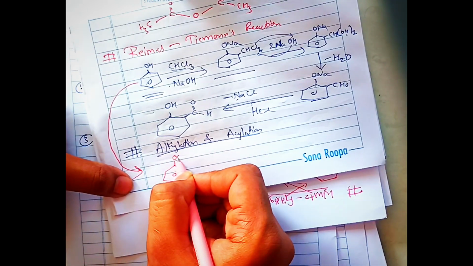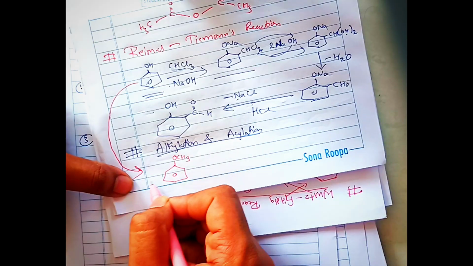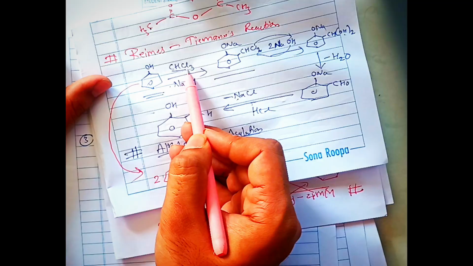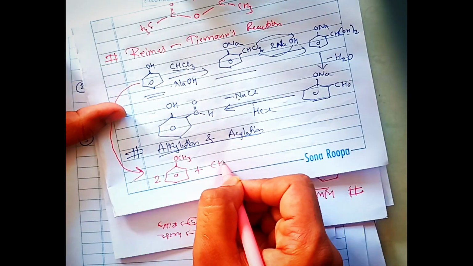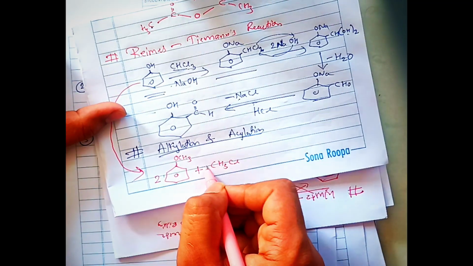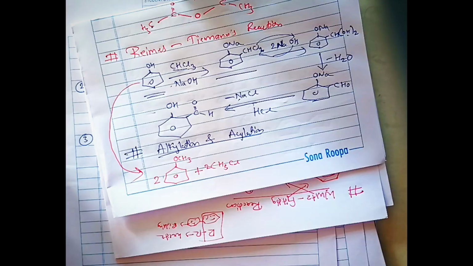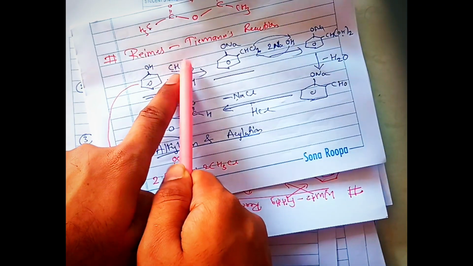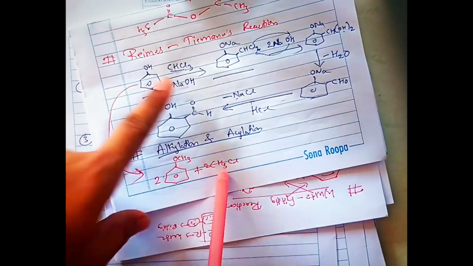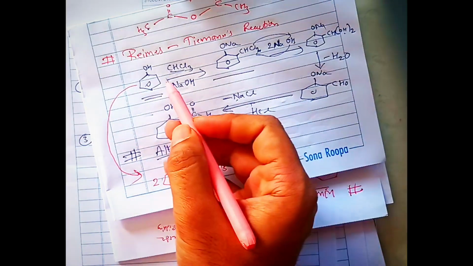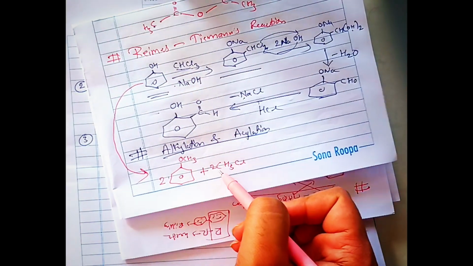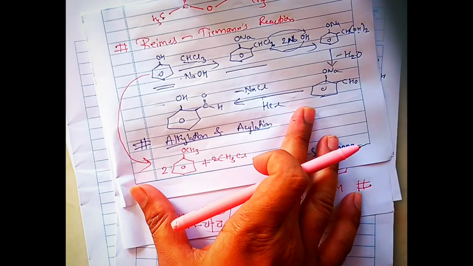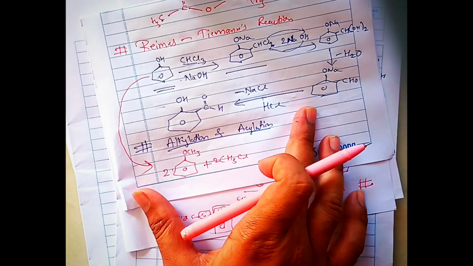Here anisole is there, which will be 2 mole, plus this CHCl3 is converted into CH3Cl, 2 mole. Here also the same reagent is taken, but as CHCl3, here CH3Cl. Okay, just a replacement will take place.